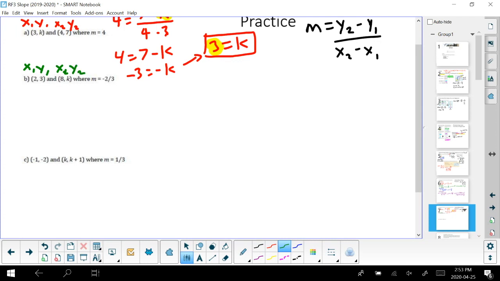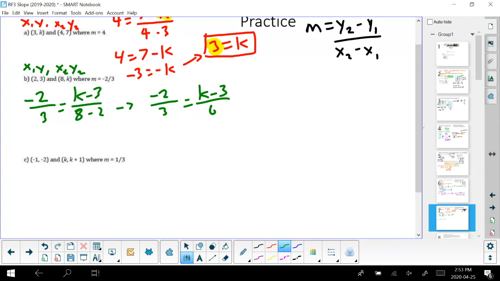We know that m is equal to negative 2/3, so we can say negative 2/3 is equal to y2 minus y1, which is k minus 3, divided by your x2 minus x1, which is 8 minus 2. Let's simplify this a little bit. The left-hand side stays the same, negative 2/3 is equal to k minus 3, and 8 minus 2 on the bottom can be simplified to just a 6.